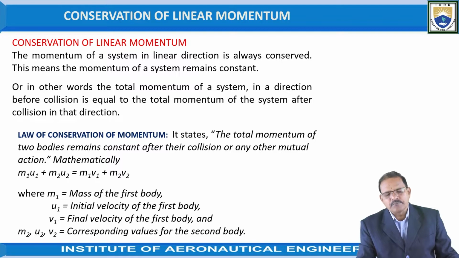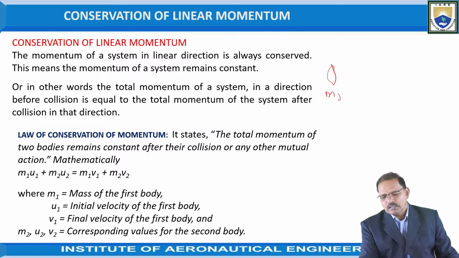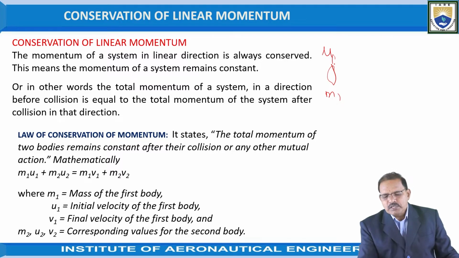Here in this case, we take two bodies, where M1 represents the mass of the first body, U1 represents the initial velocity of the first body, U2 represents the initial velocity of the second body, and M2 represents the mass of the second body.